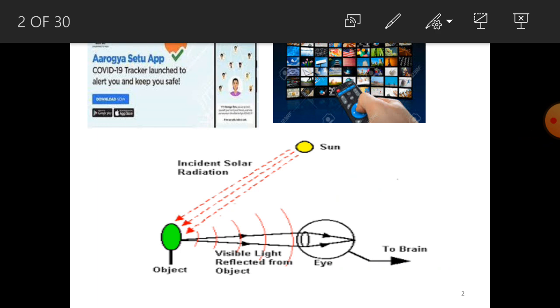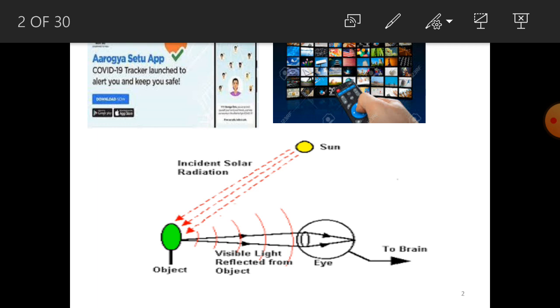Let's now understand a very classical example pertaining to remote sensing, that is the working of our human eye. The vision of the eye is the collection of information about an object that gets exposed to a light source.